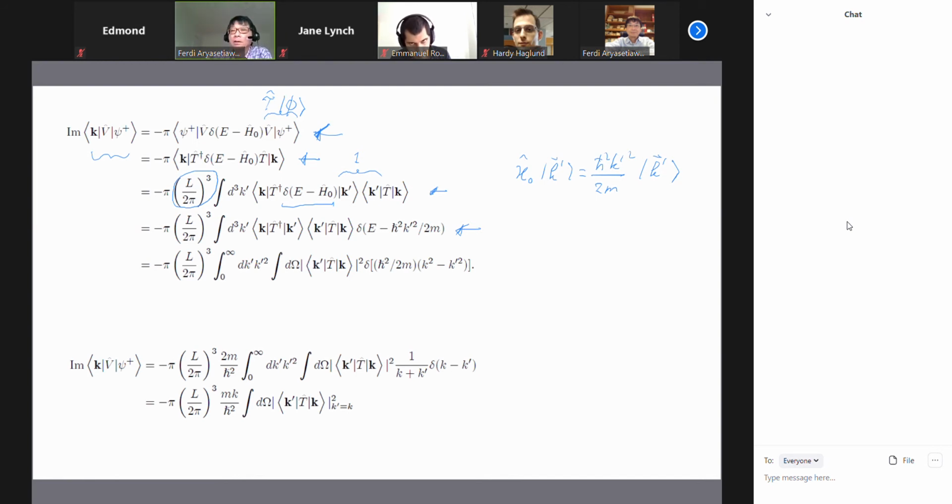And then we use the spherical coordinates. So we have the radial part and then the angular part. So E is the incoming plane wave energy. So that's h bar squared k squared divided by 2m. Now we can do this in a slightly different way from the one I have in the notes. That's the same thing.